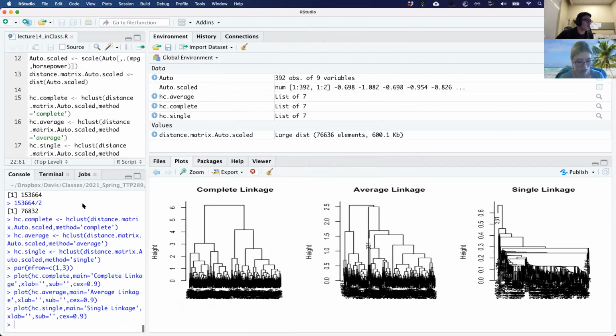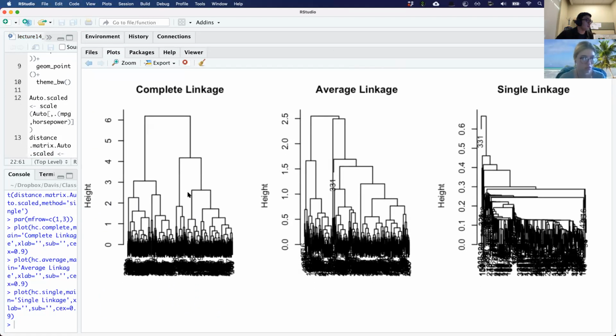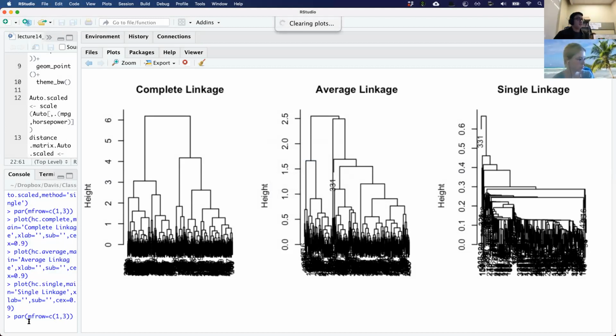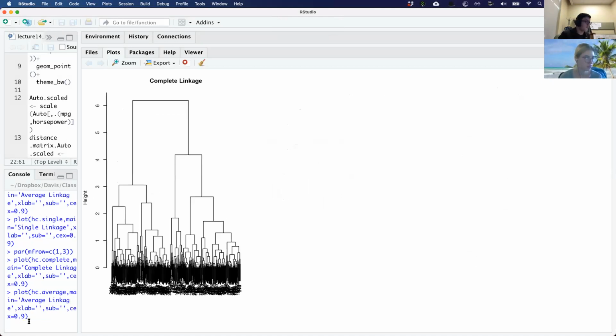Let me see if I can do this. Actually, give it one more moment to clear and then rerun. But even here, hopefully you guys can see. All right, we'll let it rerun.